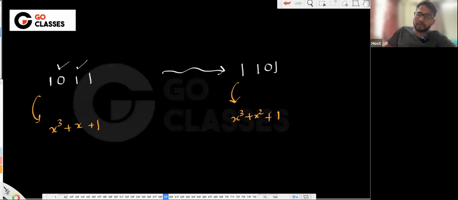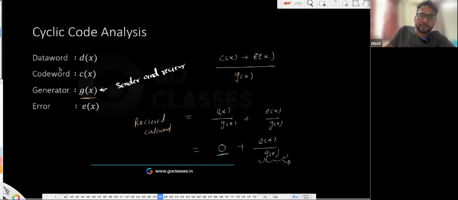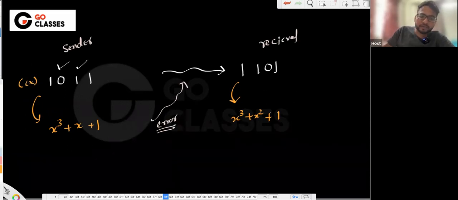This is what you are sending, the sender side, and this is what you have received. In between there was an error. Let's suppose at the sender side the code word is represented by cx, and at the receiver side, whatever you receive, I denote by rx, and the error is ex.